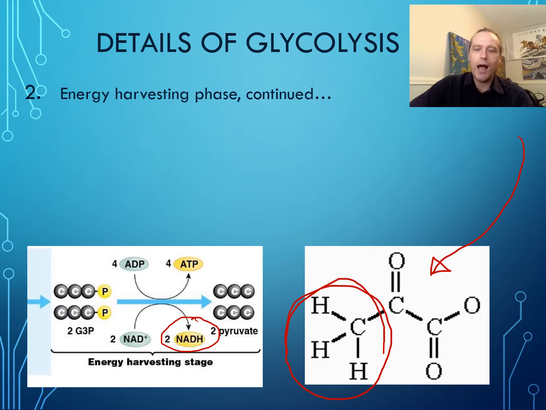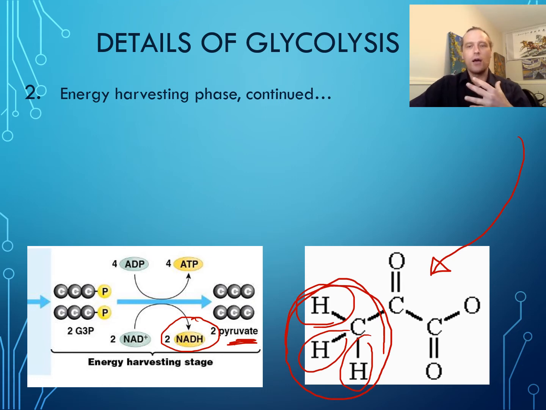NADH is going to carry high energy electrons and hydrogens to the electron transport chain. So pyruvate still has a lot more energy in it because we can see there's a hydrogen here, there's a second hydrogen here, and there's a third hydrogen there. So if oxygen is present, those hydrogens are why pyruvate is still considered an energy dense molecule. It's still got more to give.